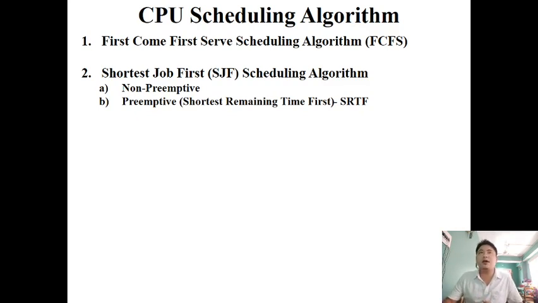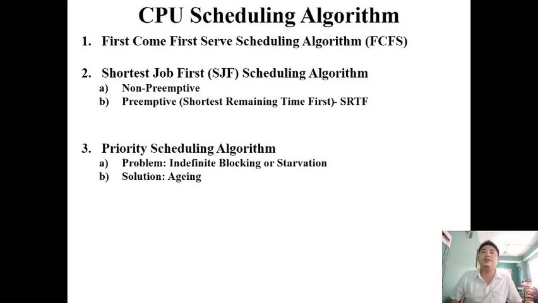In addition to it, we have one more special type of algorithm called the priority scheduling algorithm. I have classified the priority algorithm separately here, although in my previous session you heard that priority scheduling is a type or special case of SJF. In priority scheduling, there is a specific attribute associated with the input values, that is the priority value.